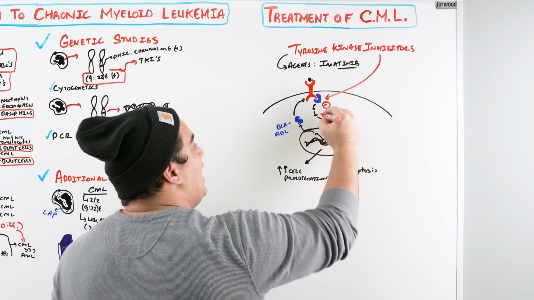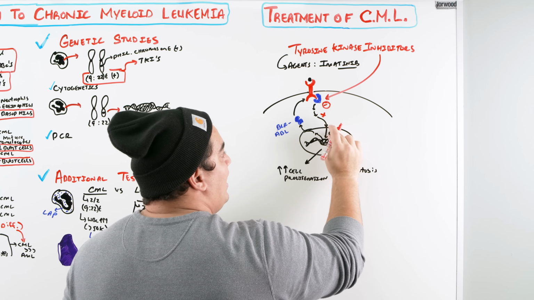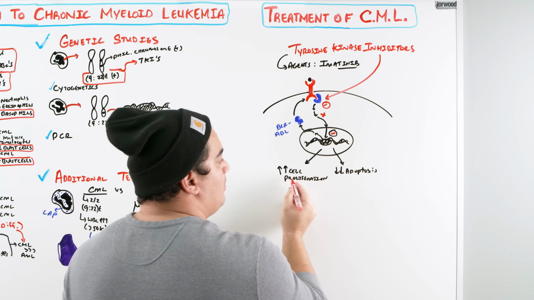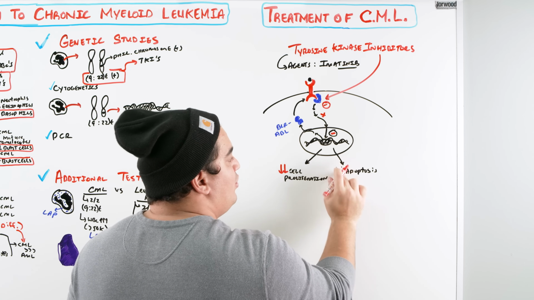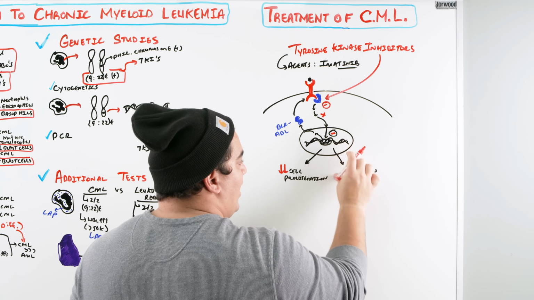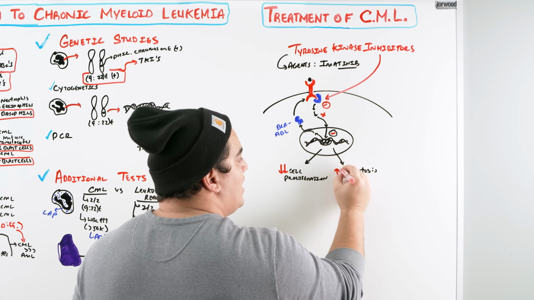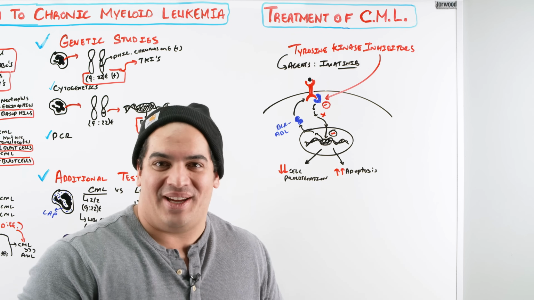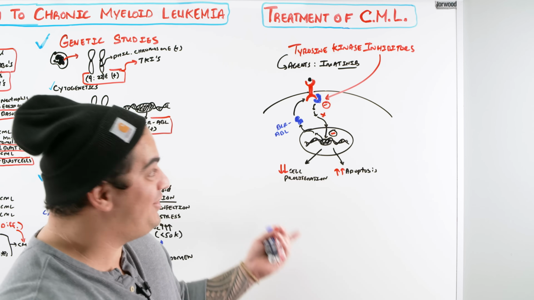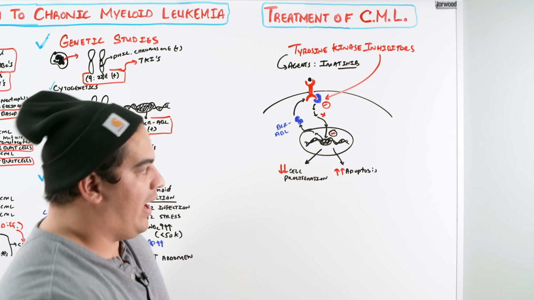Then you inhibit the signaling pathway, you inhibit the genes responsible for cell proliferation, you shut down the genes responsible for preventing apoptosis, and you actually induce apoptosis. This is one of the ways that we can treat CML. Pretty interesting, right? That's the main way.